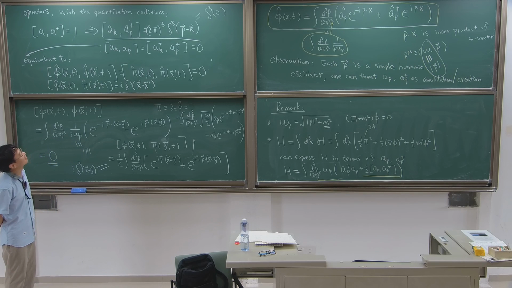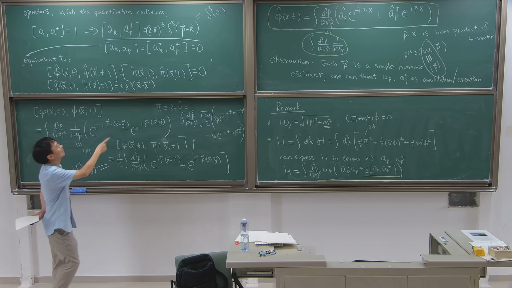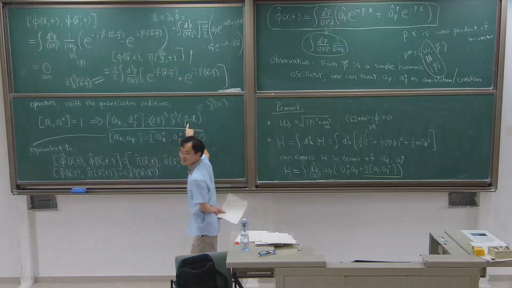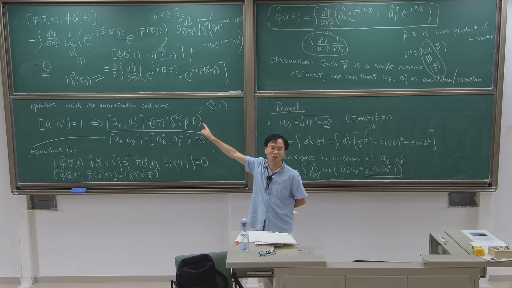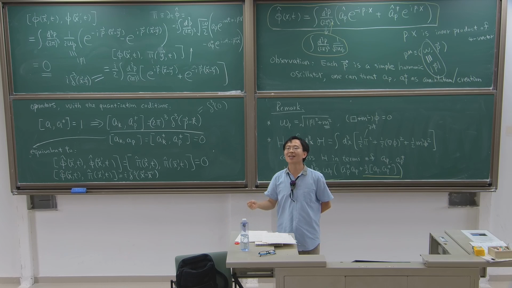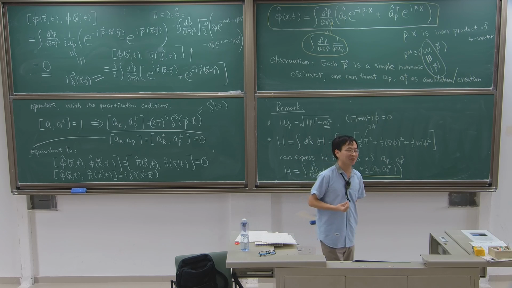Is this good enough to express this one? It's not, it's obvious anyway, because here the delta function is in the momentum space. That delta function is in the coordinate space, but it doesn't matter. The integral expression for the delta function is the same whether you work in momentum space or coordinate space.